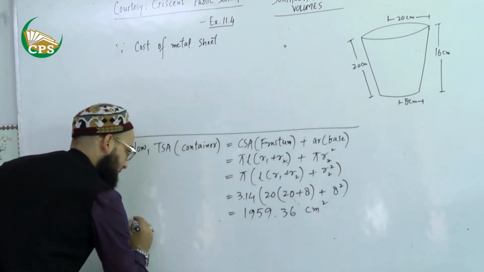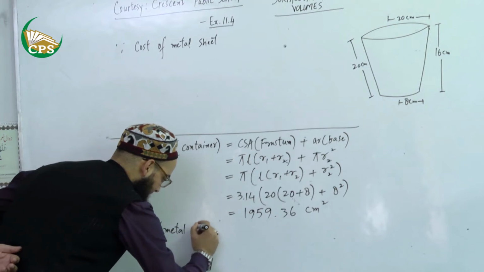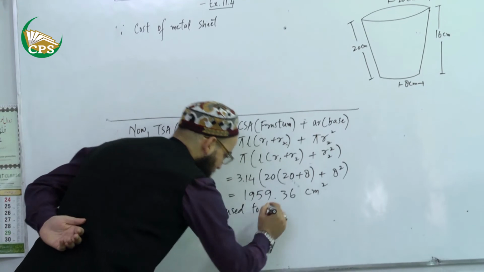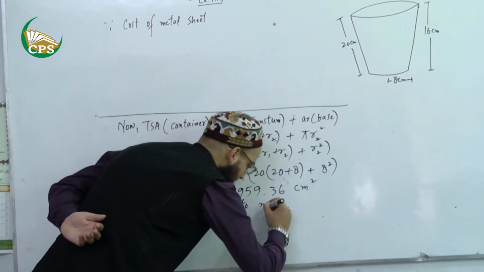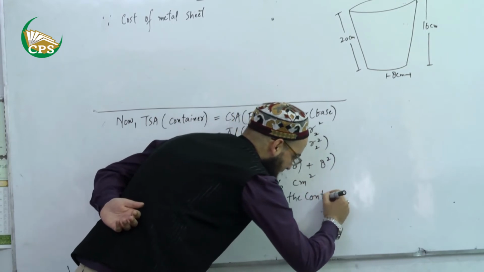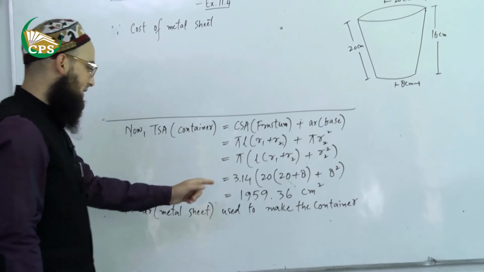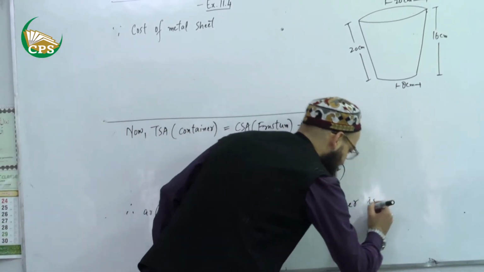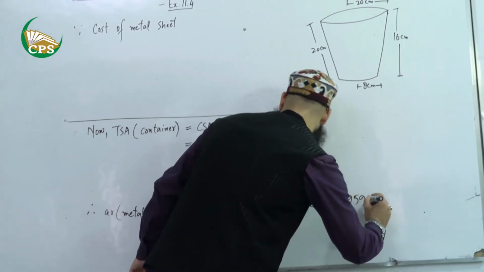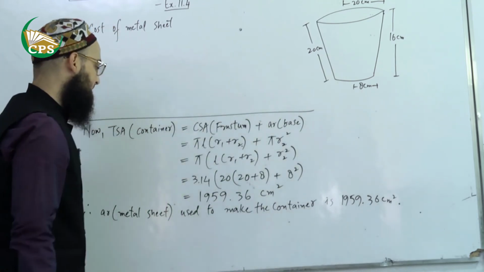First you can write here, therefore area of metal sheet used to make the container is 1959.36 square centimeter.